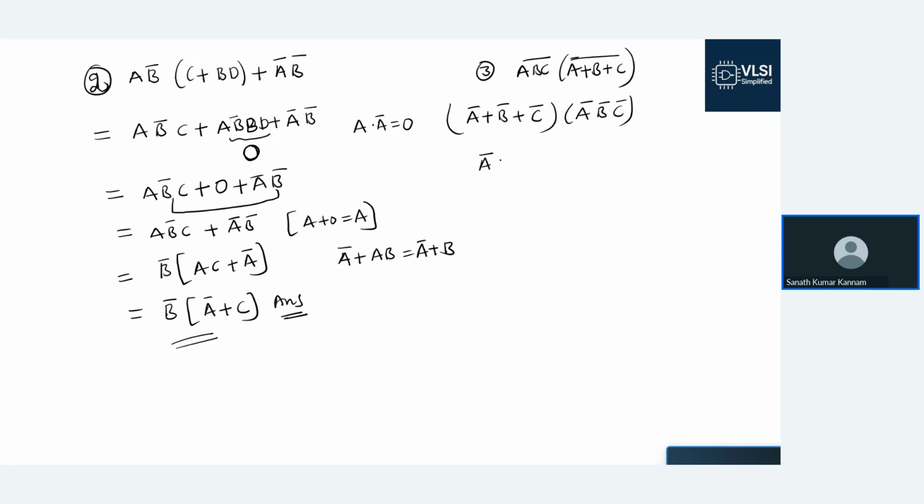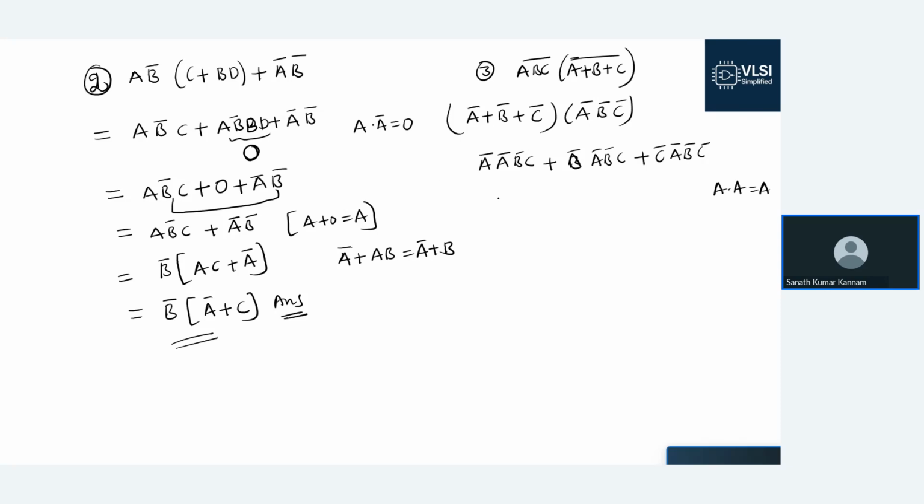So this is A bar, B bar, C, and next B bar, A bar, B bar, C. Next C bar, A bar, B bar, C, C bar. Okay. So you know that A and A equal to A. Okay.